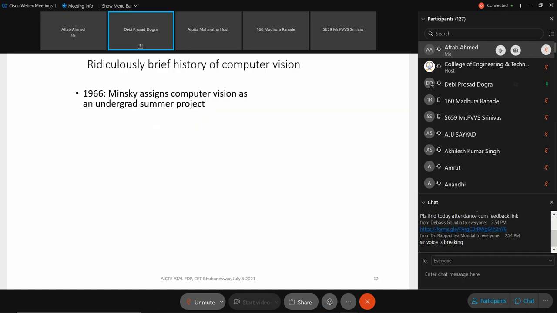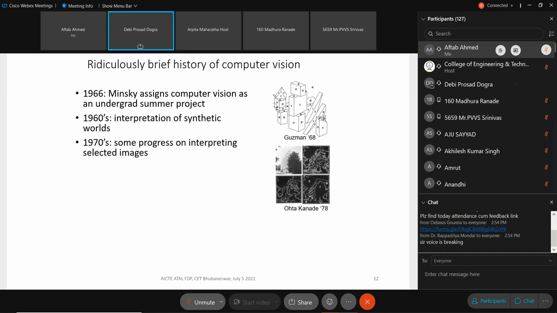So if you look into the chronology, you will find something like this. In the 70s, some progress on interpreting selected images. Selected images in the sense that it would not be able to process any kind of image. It would be able to process maybe black and white images with some restrictions.